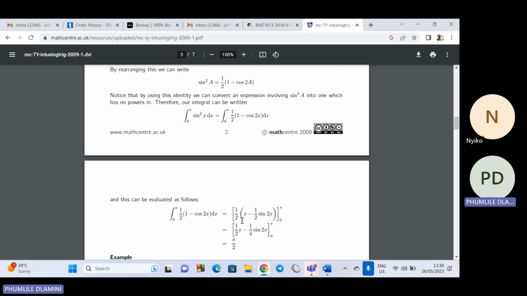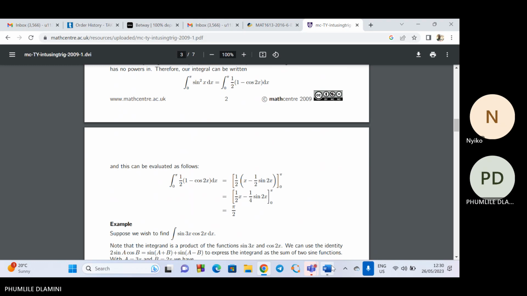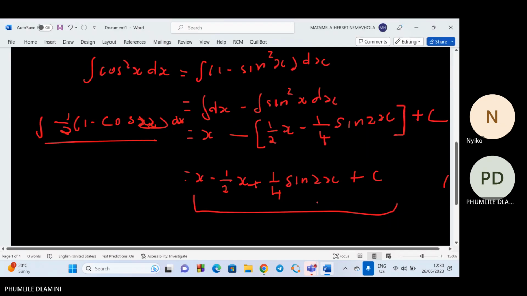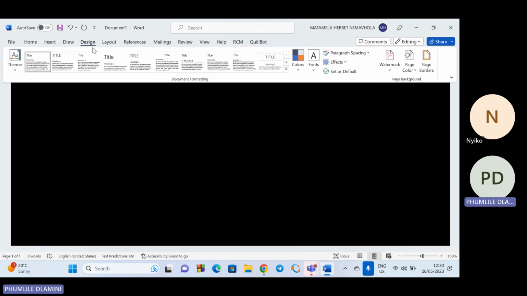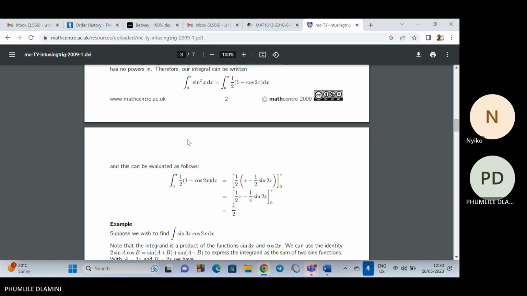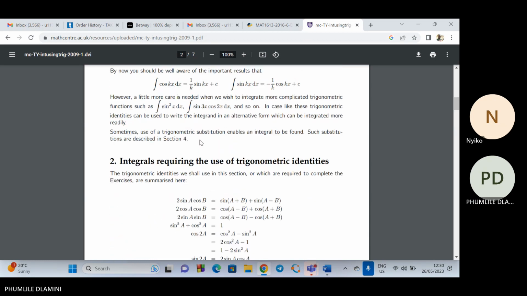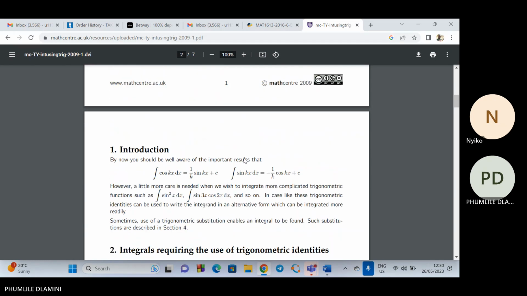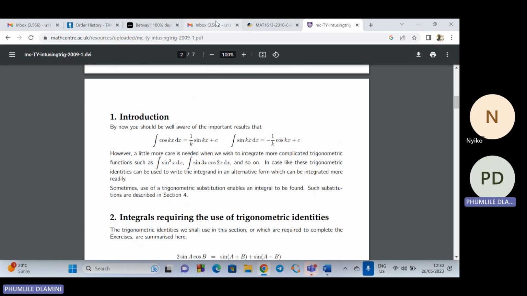So let's say, for example, the other one, we are working with the integral of cos 3x sine 2x dx. Let me see if I've copied it right. Yes, sine 3x cos 2x.